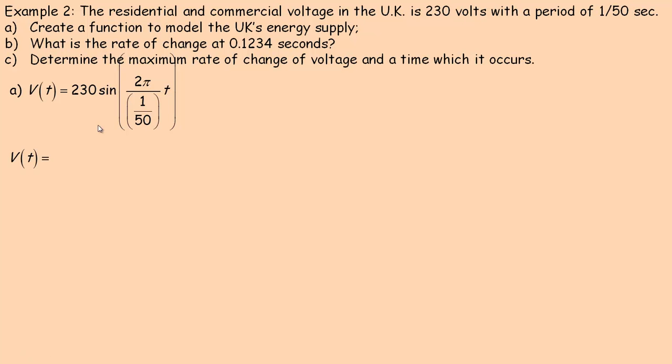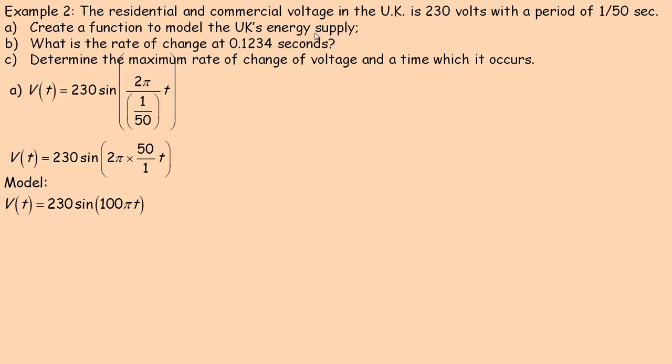And remember, you simplify this by dividing rational expressions. So we take the top, the 2 pi, and you multiply by the reciprocal of this, which would be 50 over 1. And so 2 pi times 50 would be 100 pi. So the model, the voltage at time t, is 230 times the sine of 100 pi t. So that's the equation we're looking for in A.